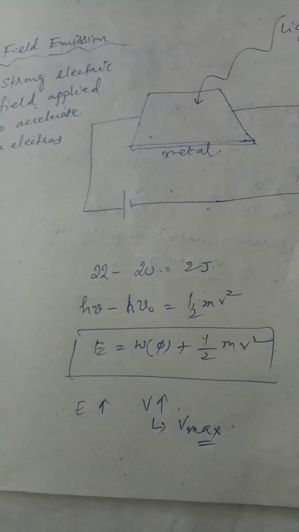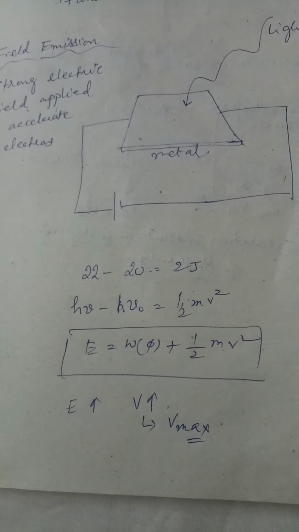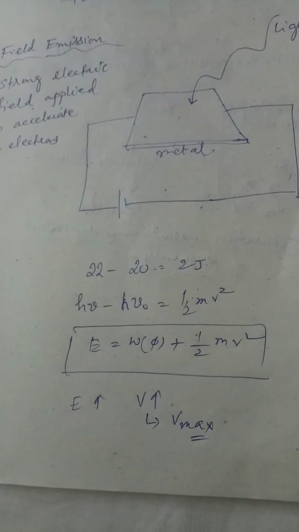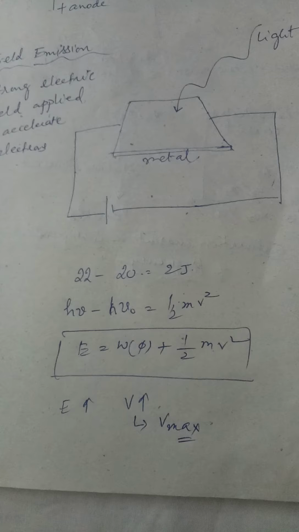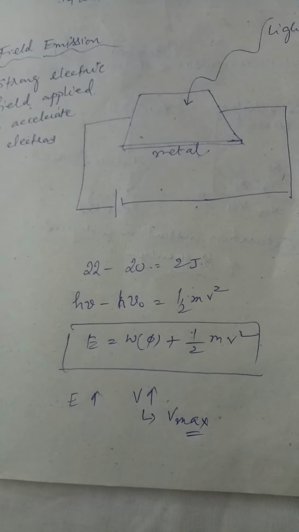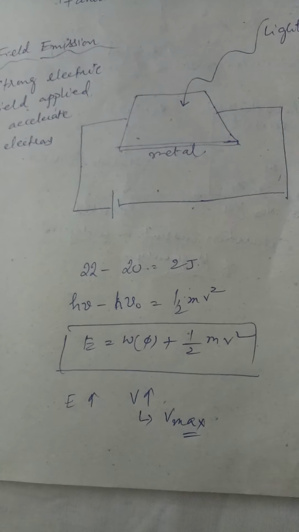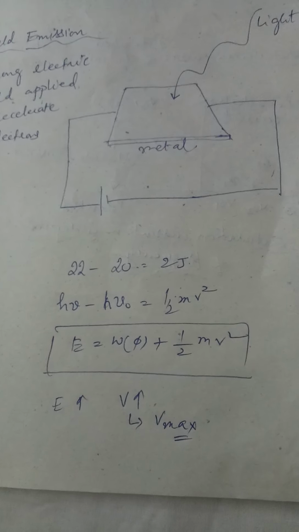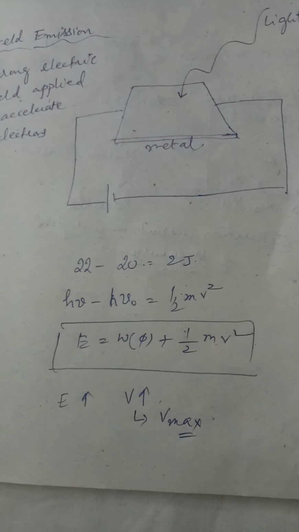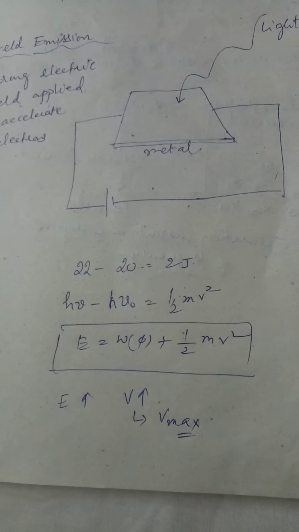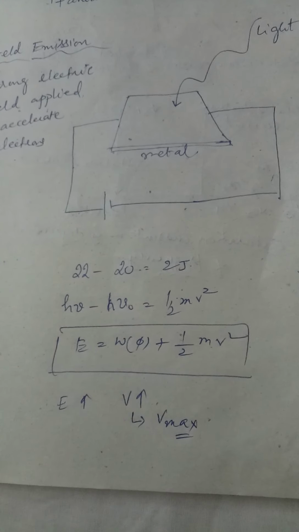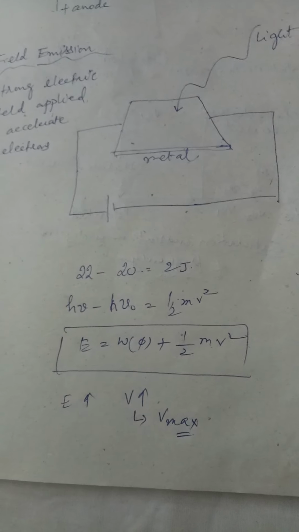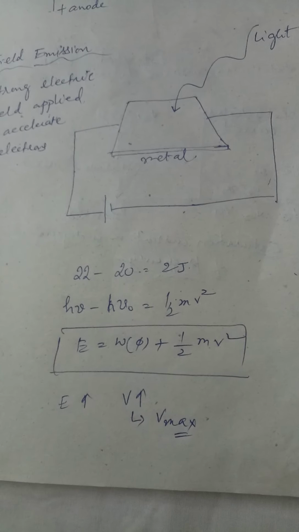What happened? When you supply energy to these electrons and this energy is more than the work function, the electrons will be knocked off. That which is knocked off will try to move and it will gain kinetic energy. So in this expression, 22 is equivalent to hν, 20 is equivalent to hν₀, and the 2 joules is equivalent to ½mv².